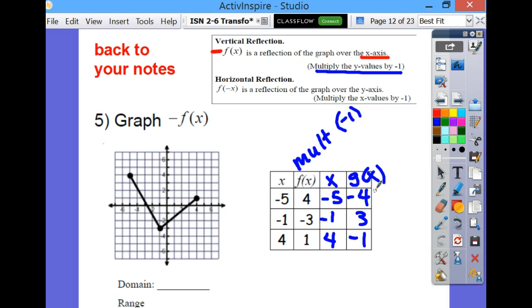But that always seemed a little bit backwards to me, that if you're reflecting it over the x-axis, you change the y values until you put those points on the graph.